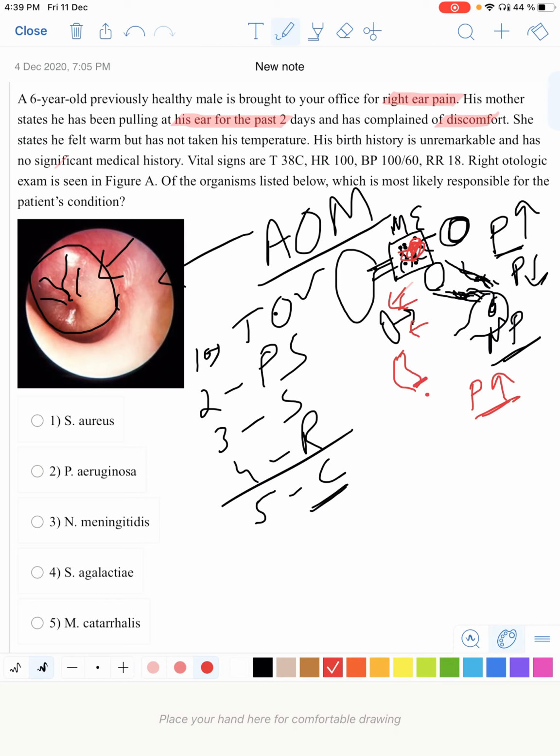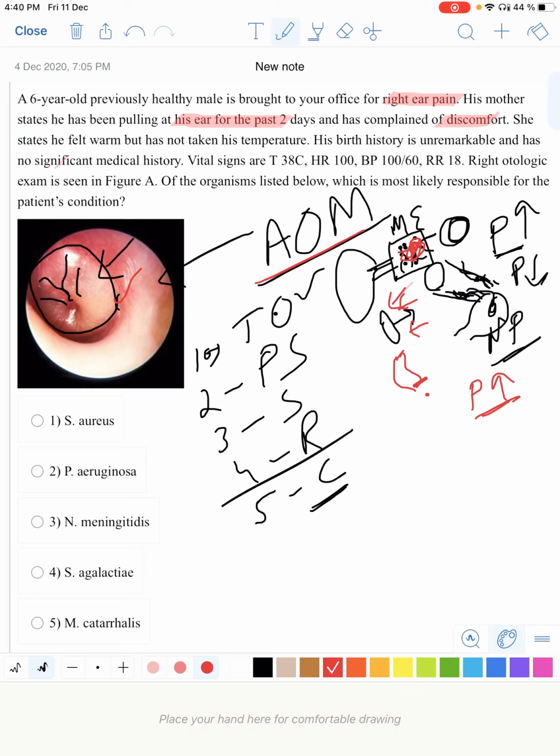Then we can see that the tympanic membrane is engorged, inflamed, bulging outside, and the blood vessels are also prominent. So this is a case of acute otitis media.